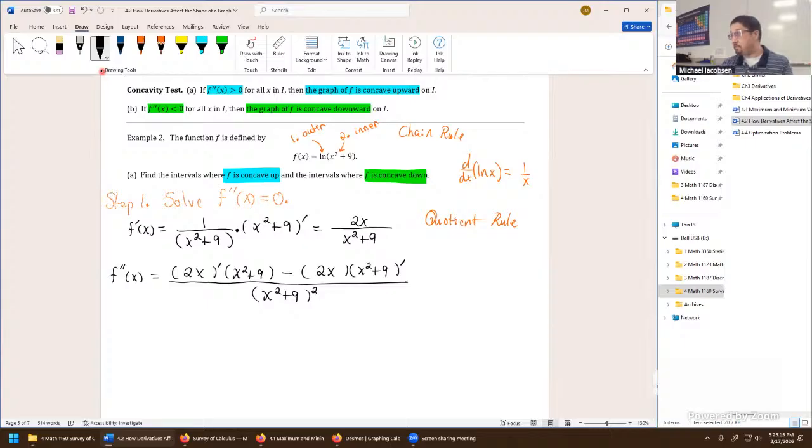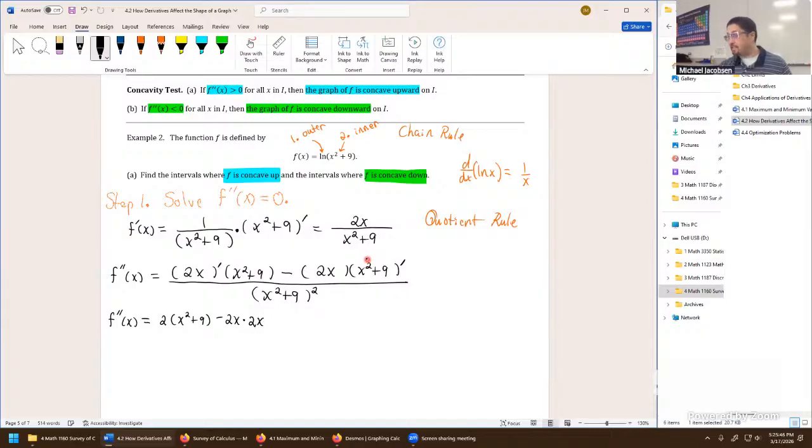So here's our next step. Second derivative of f at x. This derivative right here comes out as just a 2. So we take 2 times x squared plus 9, copy all the way to here, minus 2 times x, then multiply by this derivative. This one's just a 2x. No chain rule, just a constant going to 0 here, and a power function derivative here.